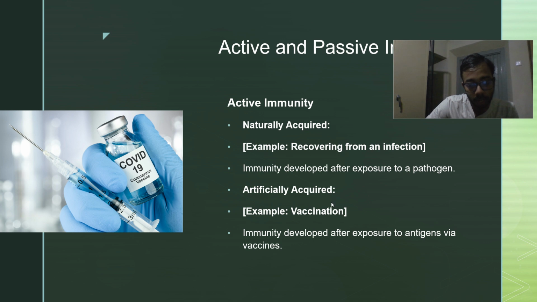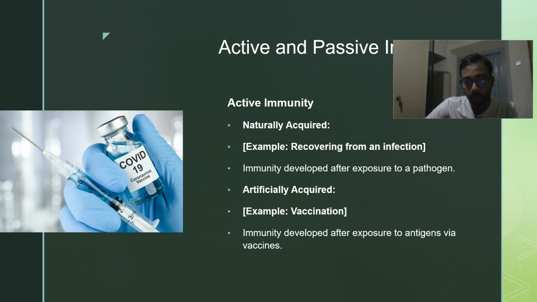There are several types of vaccine. One type of vaccine is called an inactivated vaccine. In that inactivated vaccine, let's say for COVID-19, we can use a specialized form of the coronavirus, the COVID-19 virus, which is inactivated.